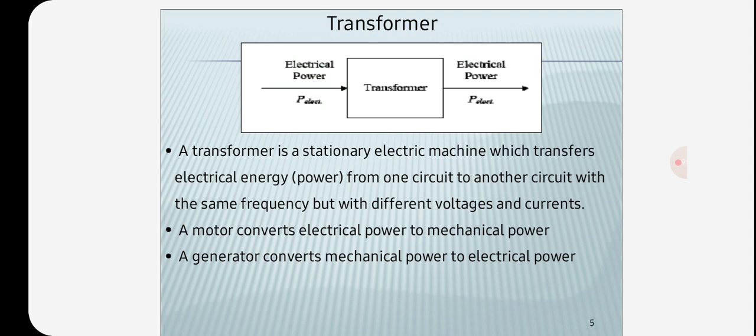It can increase or decrease the voltage of an AC supply with a corresponding decrease or increase in current, through the medium of a magnetic field, keeping the power of transformation the same.